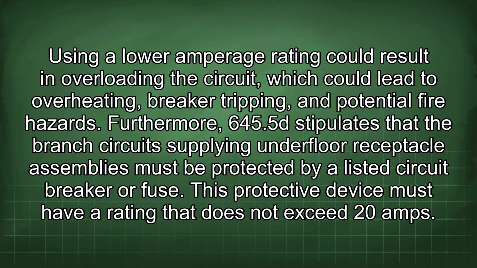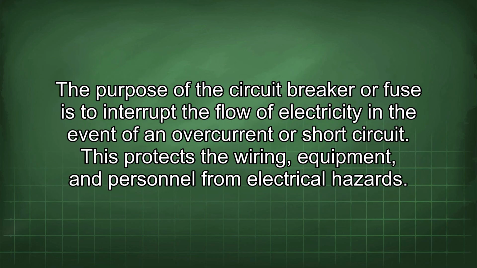Furthermore, 645.5 stipulates that the branch circuits supplying underfloor receptacle assemblies must be protected by a listed circuit breaker or fuse. This protective device must have a rating that does not exceed 20 amps. The purpose of the circuit breaker or fuse is to interrupt the flow of electricity in the event of an overcurrent or short circuit. This protects the wiring, equipment, and personnel from electrical hazards.